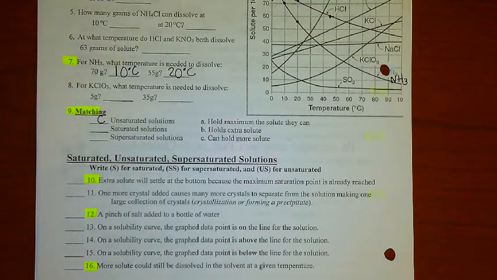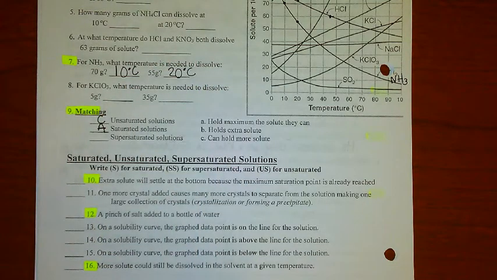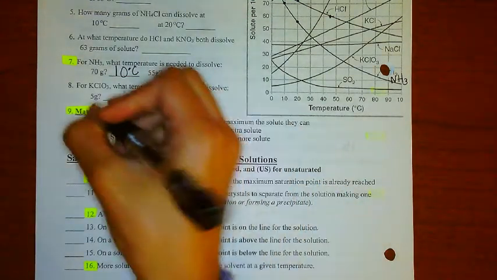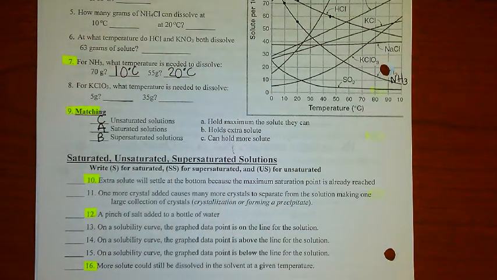Saturated solution, it's holding the maximum solute that it can hold. So that would be A. While a super unsaturated solution can hold extra solute, and so that would be B. So it's holding extra solute.